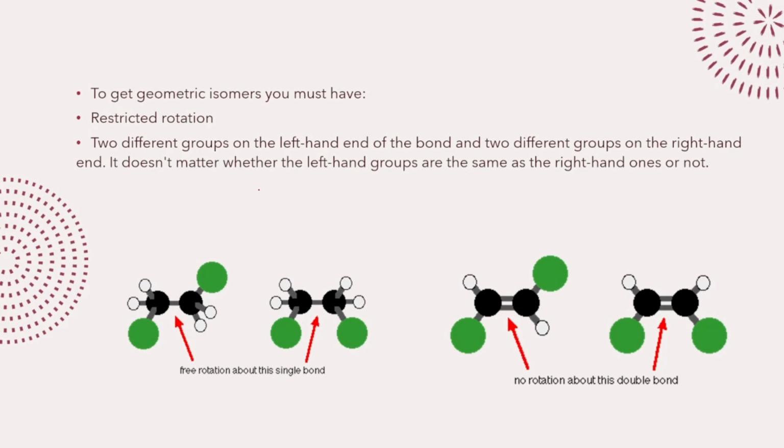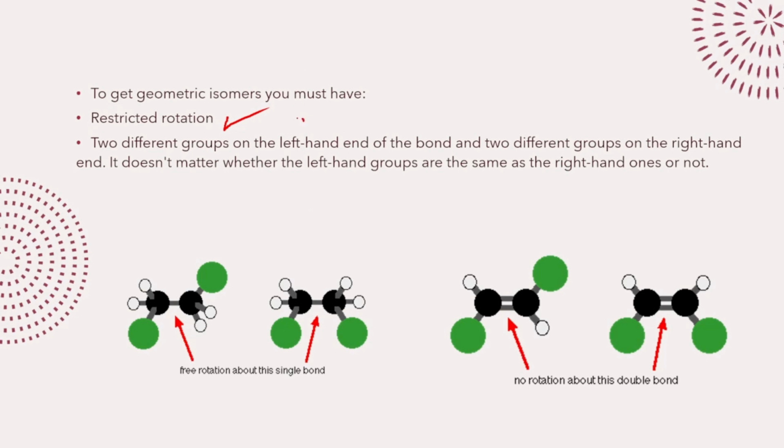Let's see the two rules based upon which I can decide whether compounds are geometrical isomers or not. First, to have geometrical isomers, we should have restricted rotation. What does restricted rotation mean?